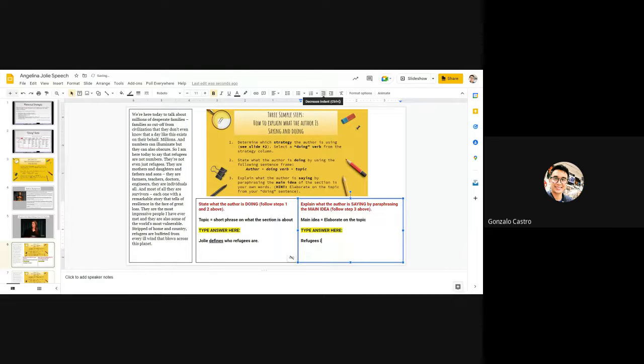So refugees include members of families and people representing various occupations.